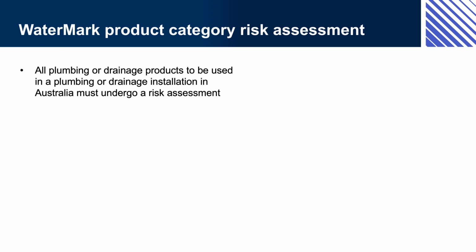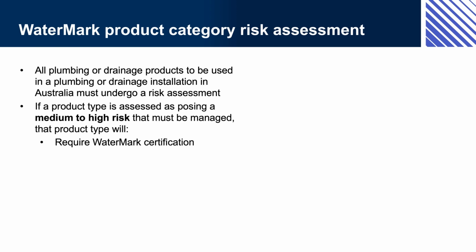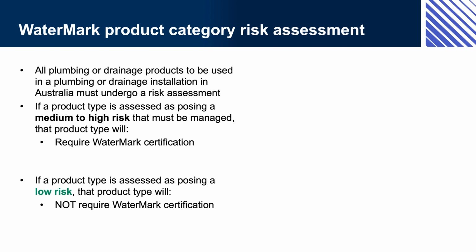So, the WaterMark process actually starts with different types of plumbing and drainage products being assessed to determine the kinds of risks they pose and the severity of those risks. Plumbing and drainage products that pose a significant risk are assessed as requiring WaterMark certification. Those that don't pose a significant risk don't require WaterMark certification. This is explained further in later slides.